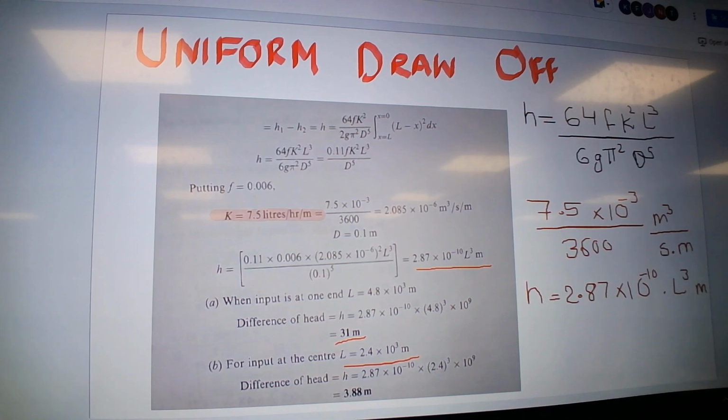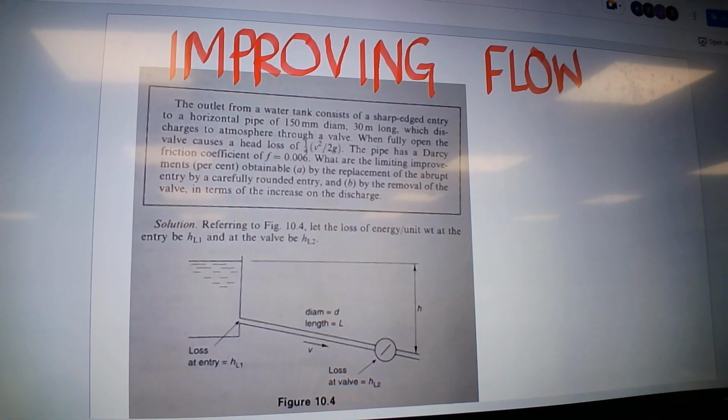If we go to the next slide now, please. Improving flow. How do we improve the flow of the liquid? Let's do it by using one of the numerical questions. Let's say we have an outlet from a water tank.